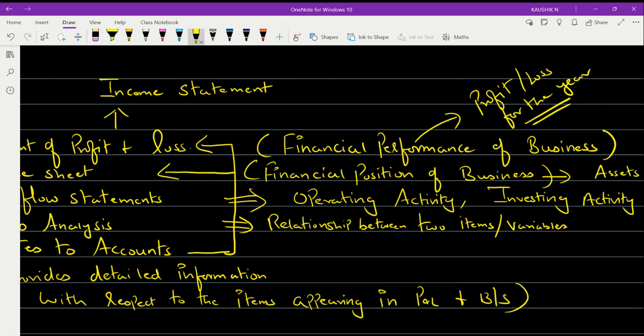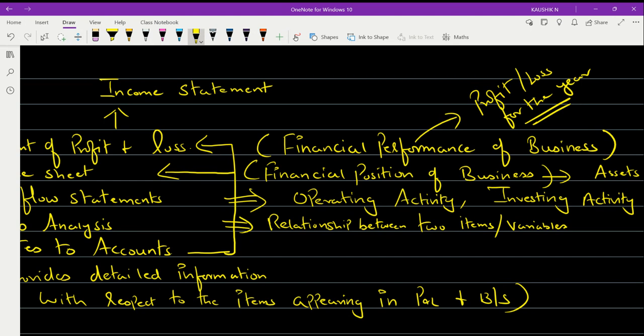So in accounting, we will be using ratios to derive the relationship between current assets and current liabilities, a fixed asset, and then any of the liabilities. In this way, we'll try to bring out how the assets and liabilities are connected.